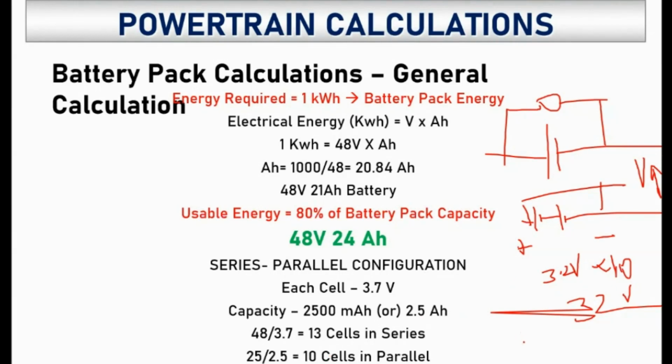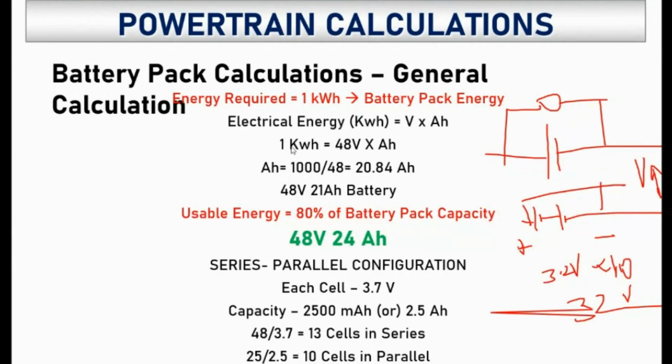Likewise, when you have a parallel configuration, your voltage remains constant, the same as all the cells, and your current or the capacity increases. Now, if I want to have a 1 kilowatt hour battery, as per the guideline for this competition, since 48 volt is fixed, I can calculate what my ampere hour should be.